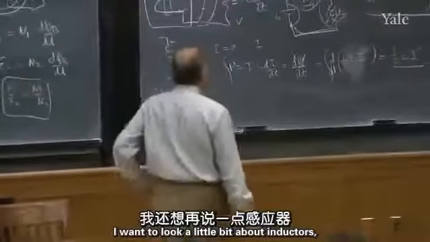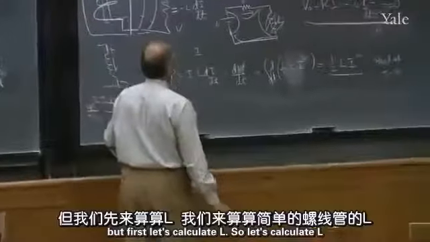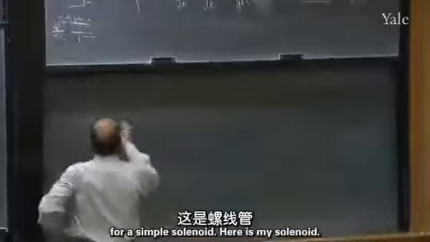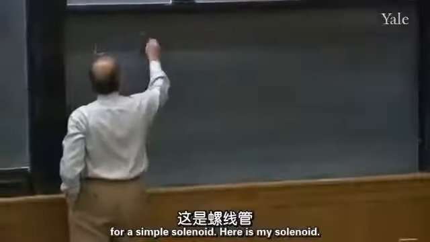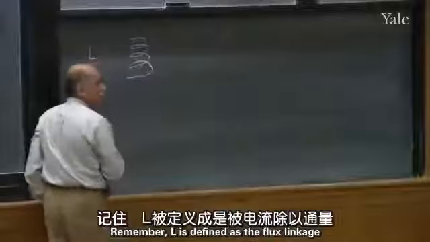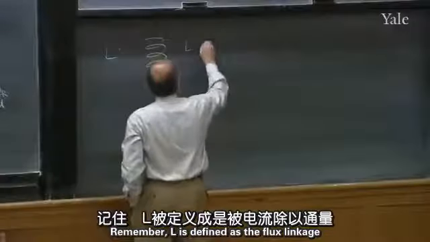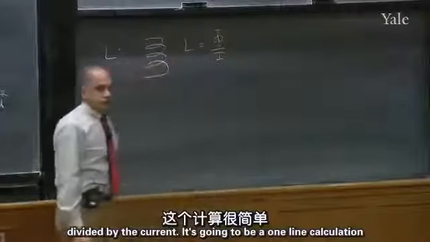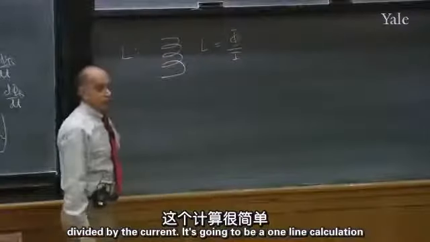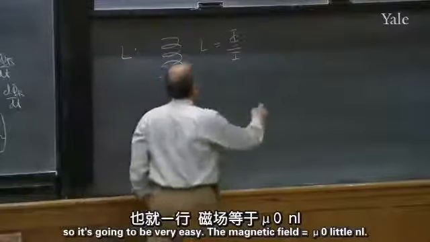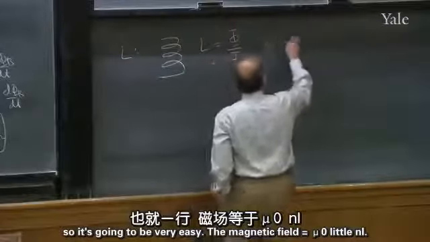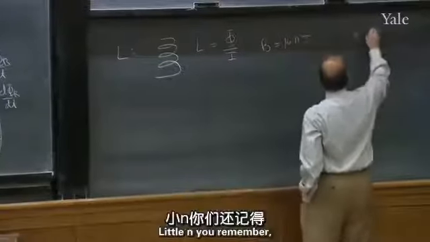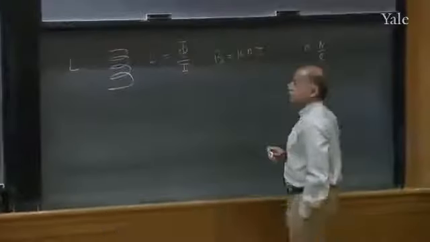I want to look a little bit about the inductor, but first let's calculate L. So let's calculate L for a simple solenoid. Here is my solenoid. Remember, L is defined as the flux linkage divided by the current. It's going to be a one-line calculation, so it's going to be very easy. The magnetic field is equal to mu 0 little n I. Little n, you remember always, is the number of turns per unit length.